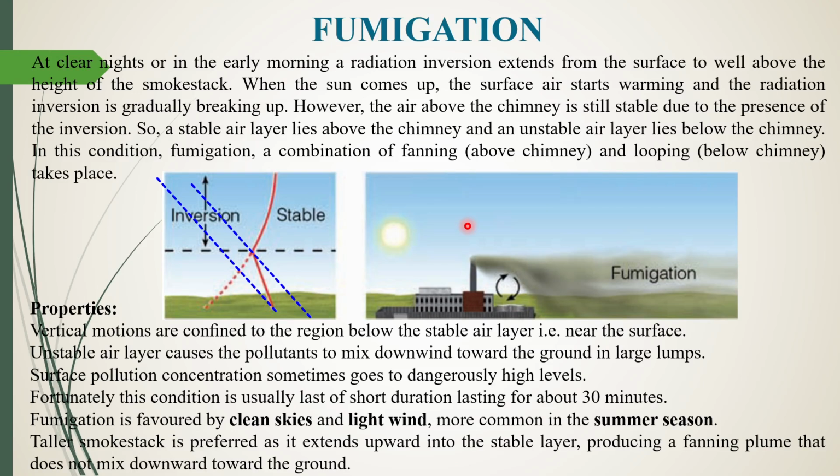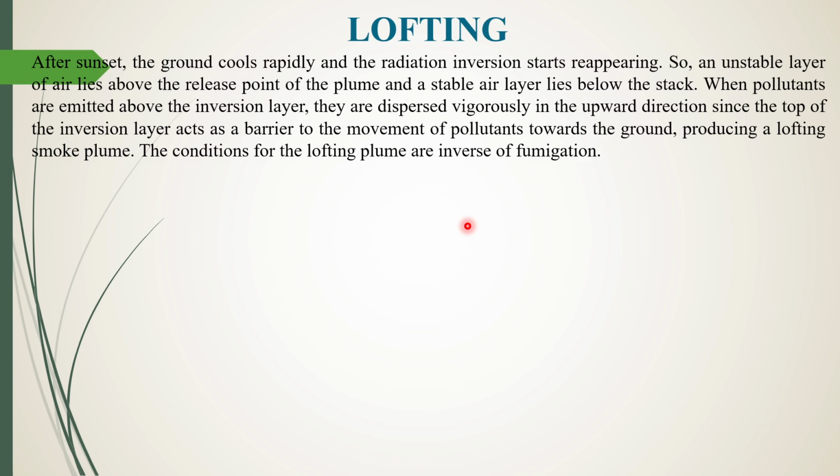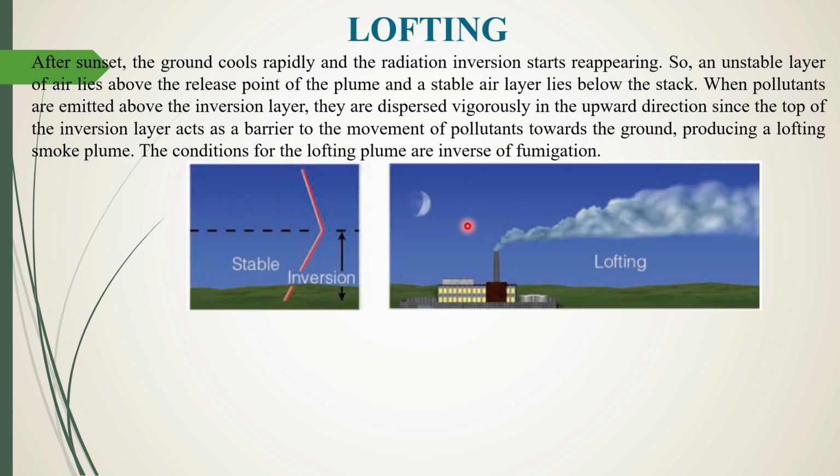Now lofting. After sunset, the ground cools rapidly and radiation inversion starts reappearing. So an unstable layer of air lies above the release point of the plume and a stable layer lies below the stack.